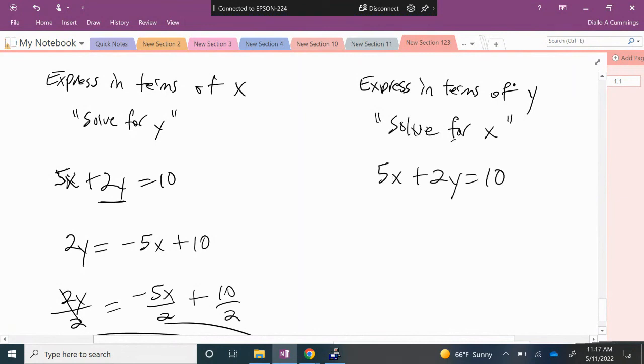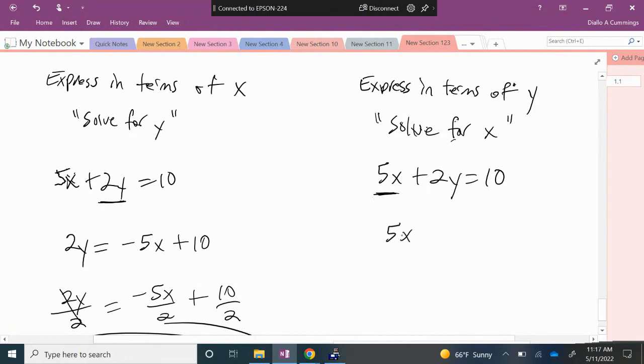And I'm going to do the same thing that we did before, but in this case, I'm going to locate the side which contains the x term, right? So x is on the left-hand side. So I'm going to take my y term and transpose it, move it to the other side.